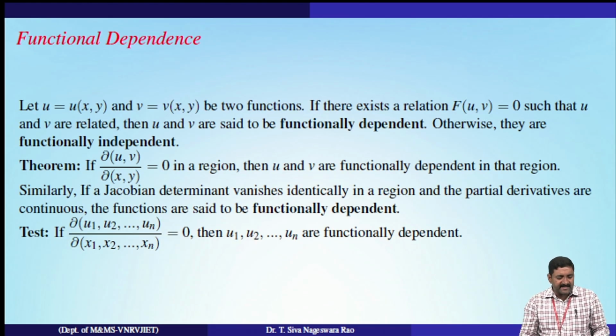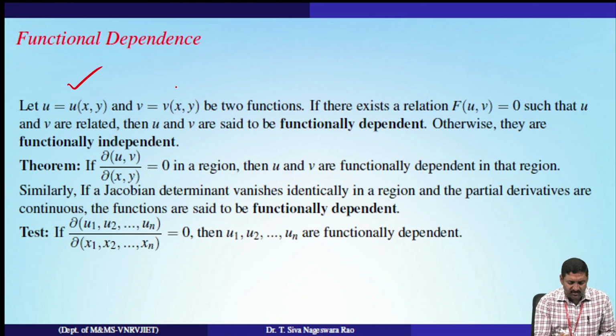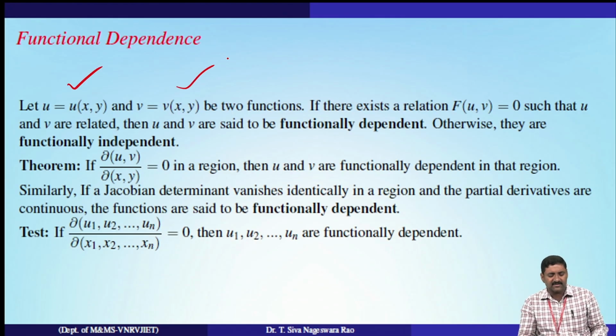We will define it as follows. Let u is equal to u of x, y and v is equal to v of x, y be two functions. If there exists a relation denoted by f of u, v is equal to 0, it means there is some relation between u and v, then we can say the two functions u and v are said to be functionally dependent.